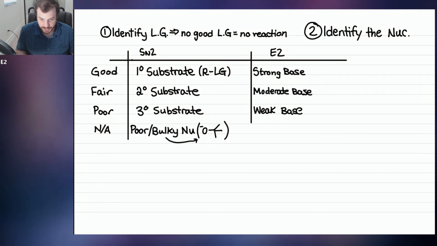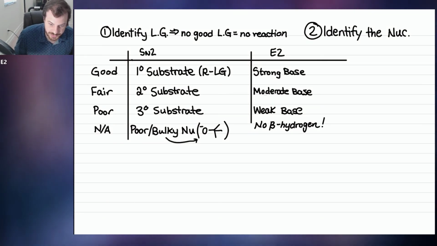No beta hydrogen on substrate. Right? E2 requires a beta hydrogen. So if there's no beta hydrogen, E2 is going to be NA'd right away. That means you need at least one hydrogen attached to a beta carbon.